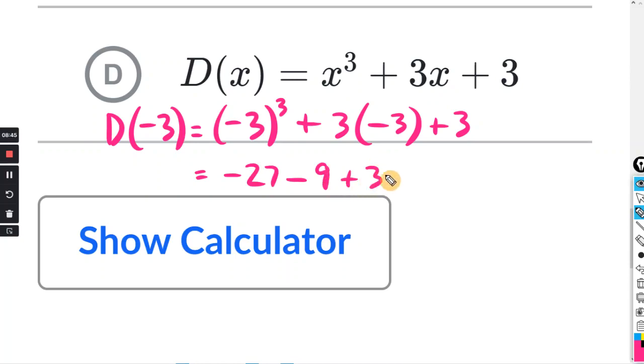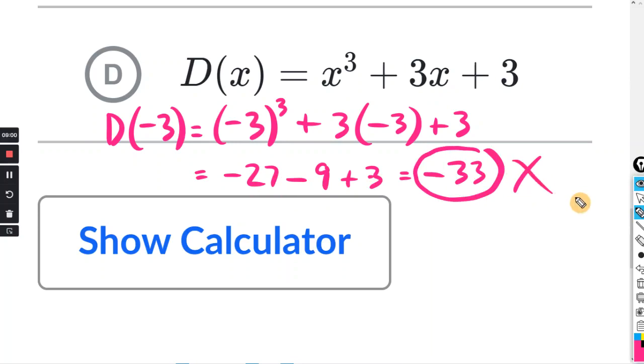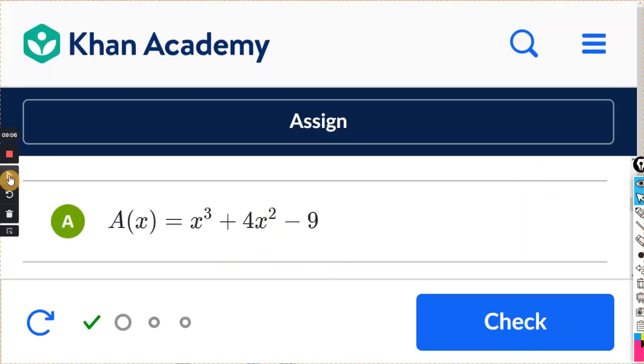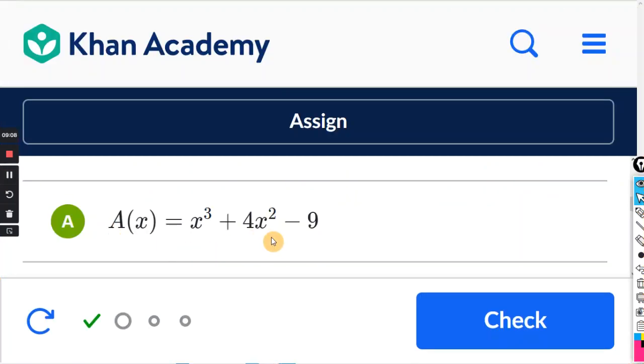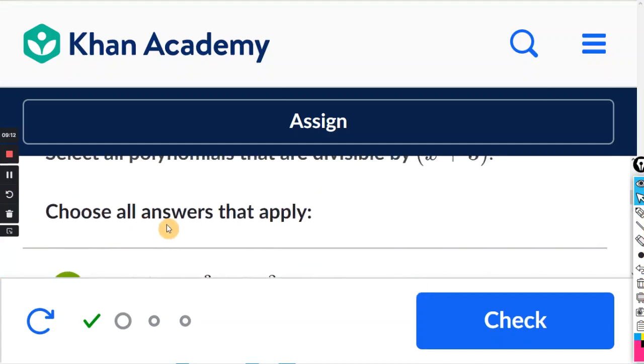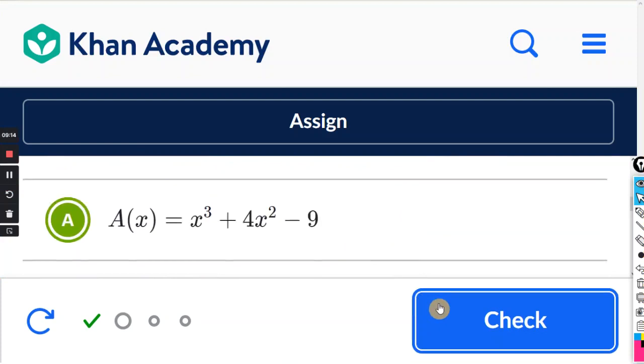Again, you don't even have to finish this if you know it's not 0. But just for your information, -6 and -27, that's -33. As long as you know it's not 0, then you do not select that one. It's not going to divide evenly. So the only one where we got 0 was answer A. But some of them might have more than one answer. Just be aware of that.